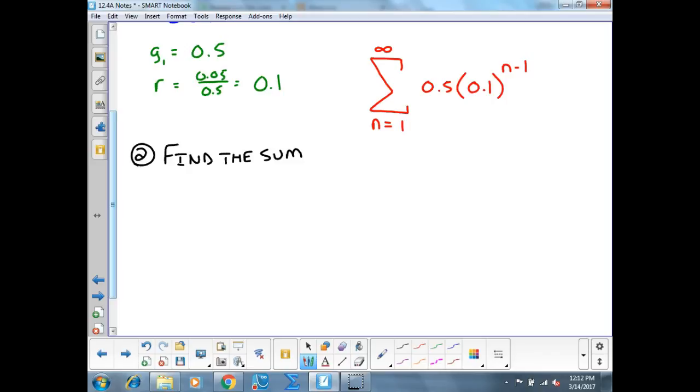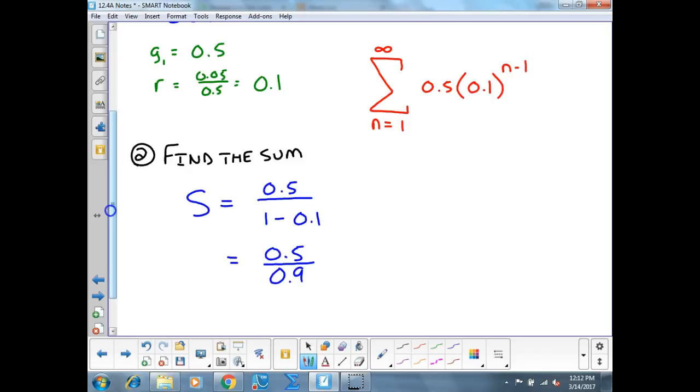So the sum is going to be what? So what is that? 0.5 over 0.9.